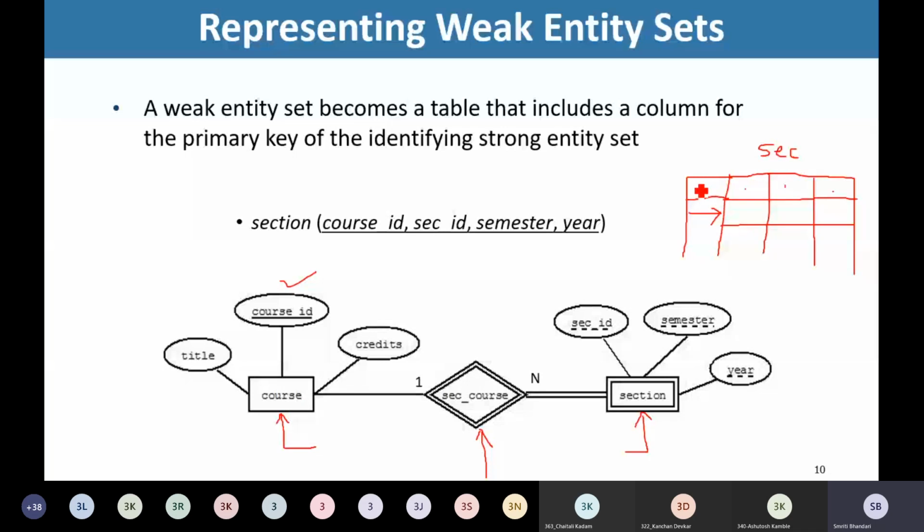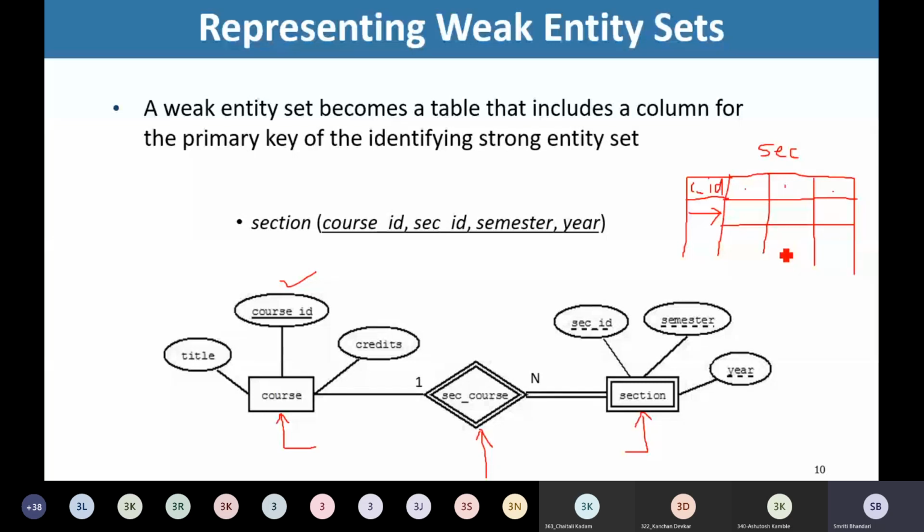Okay, so I need to add course ID also here. So I will be having course ID along with all these attributes of my weak entity set. Now I need to find out the primary key for the weak entity set. So how am I going to form the primary key?